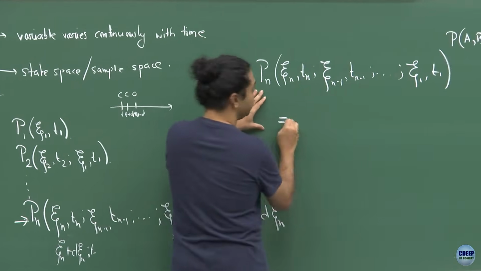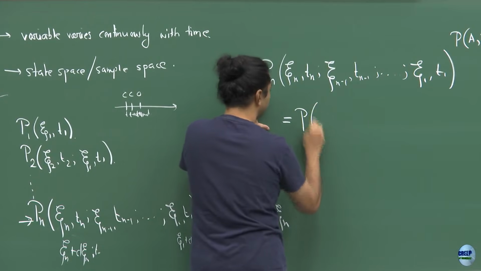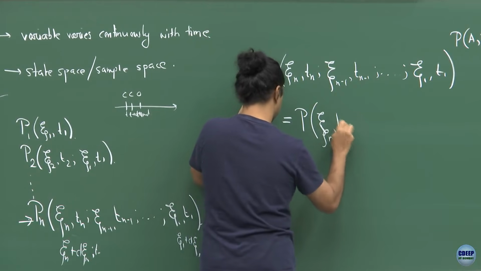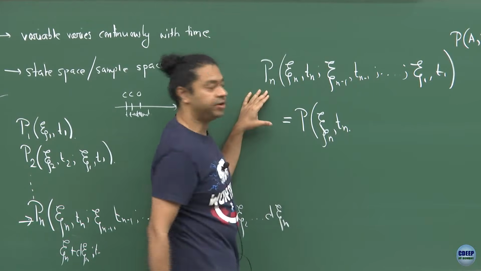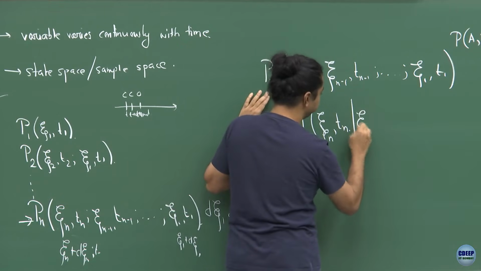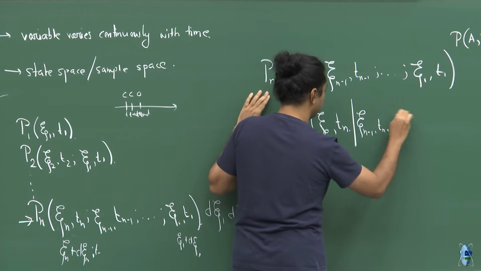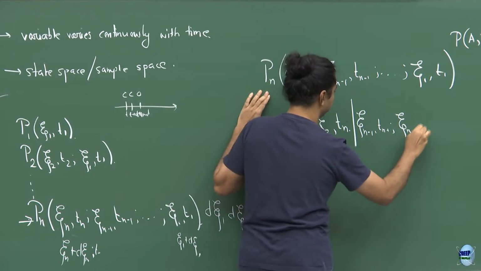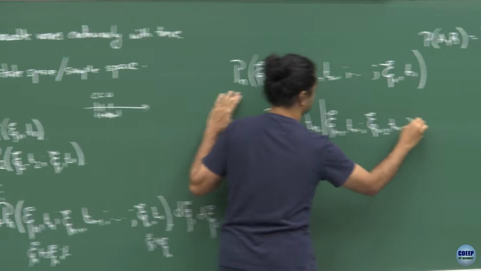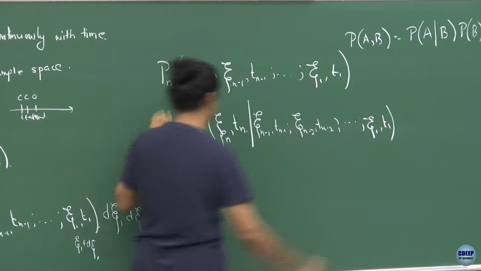I can decompose it into one conditional, which is: what is the probability of it being at xi n at time Tn, given that it has followed this particular history, that it was at xi n minus 1 at Tn minus 1, xi n minus 2 at time Tn minus 2, all the way up to xi 1 at T1.